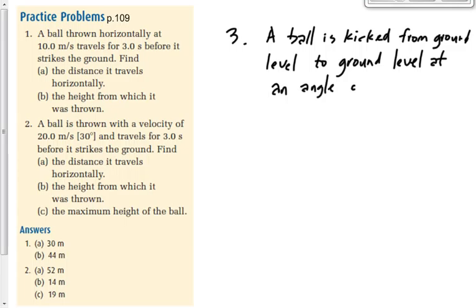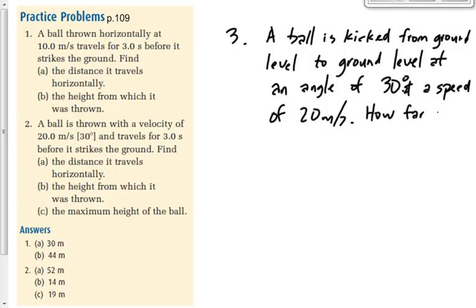At an angle of 30 degrees, and a speed of 20 meters per second. I want to know how far the ball goes. How far does the ball go?